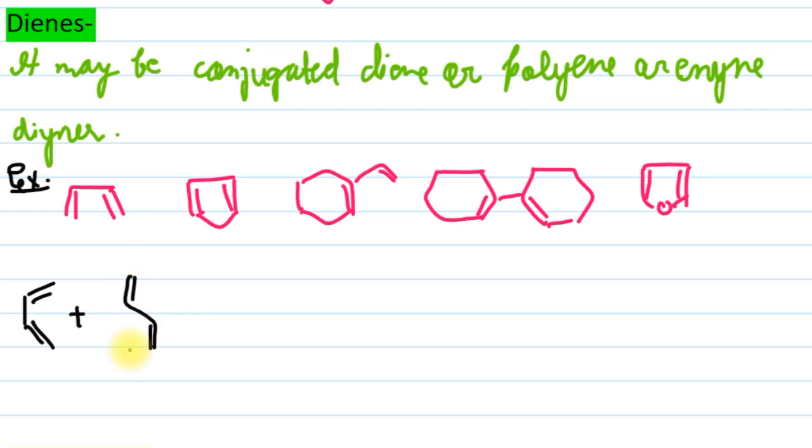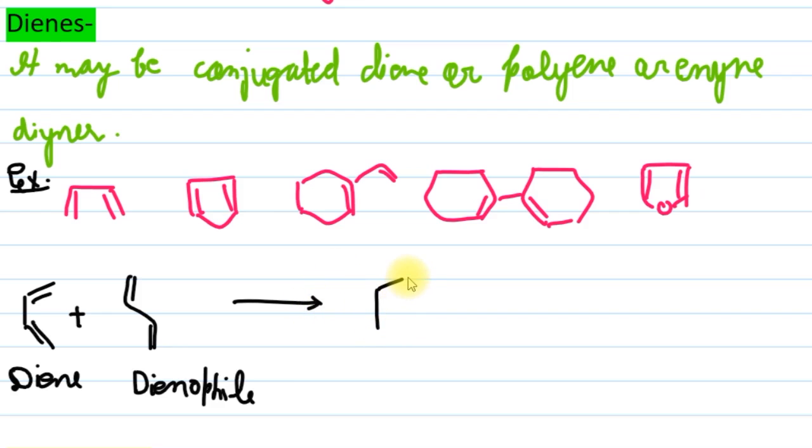This is the diene and this is the dienophile, and the adduct of both forms an adduct molecule in which a double bond is present.